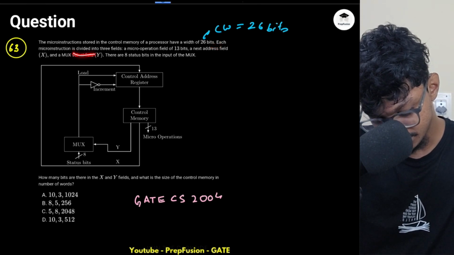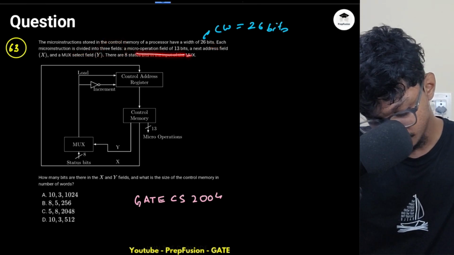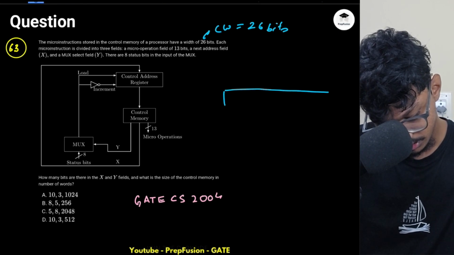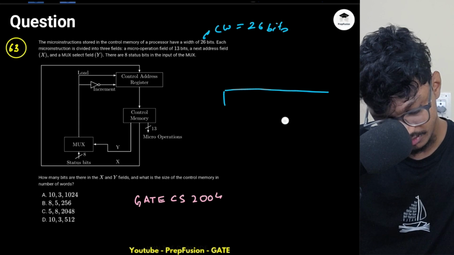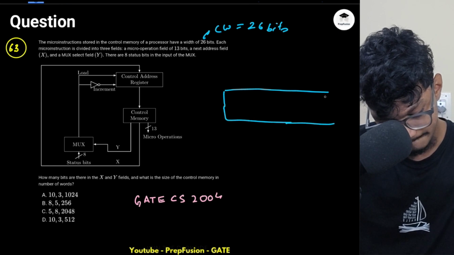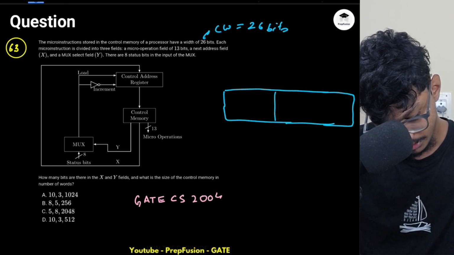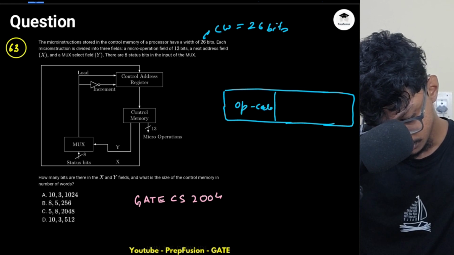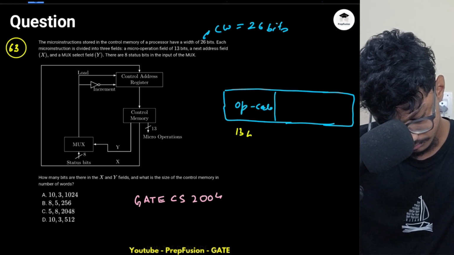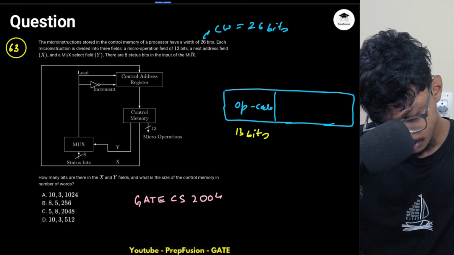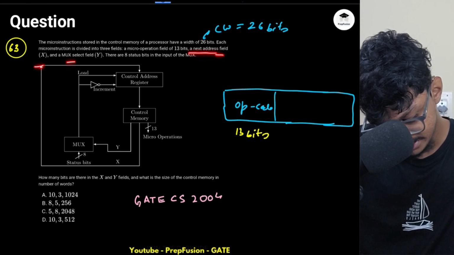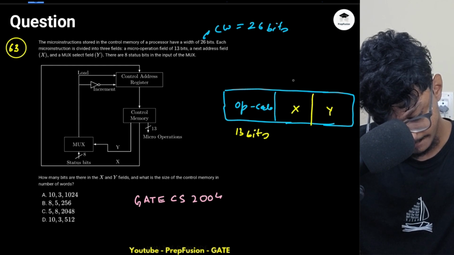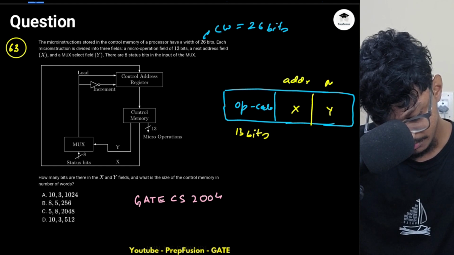Each microinstruction is divided into 3 fields: a micro operation field of 13 bits, a next address field X, and a mux select field Y. So this is the address and mux select lines.